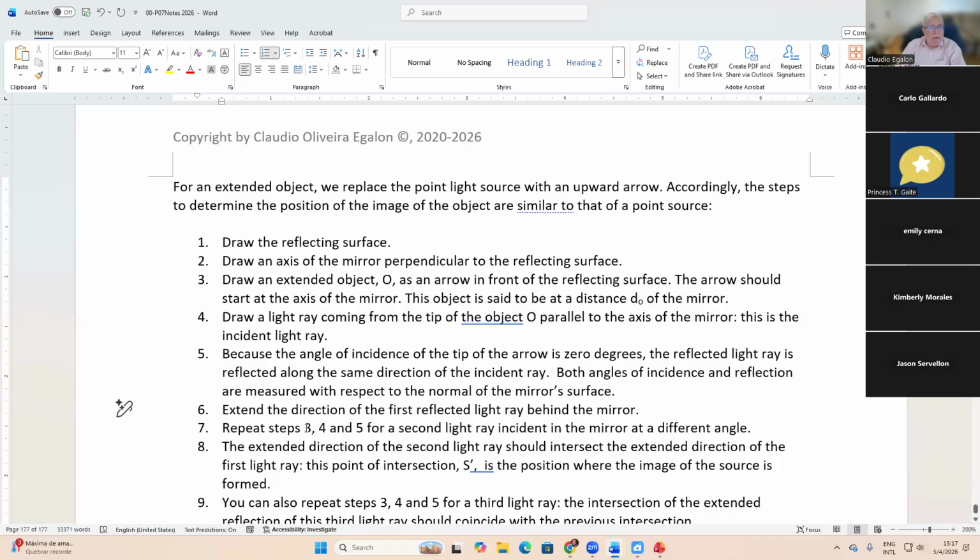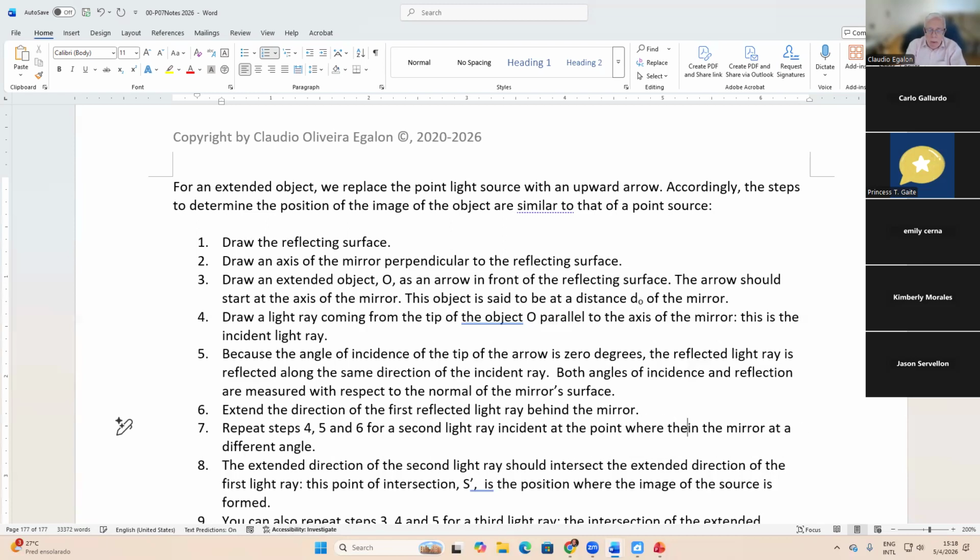Repeat steps 4, 5, and 6 for a second light ray, incident at the point where the axis of the mirror intersects with the mirror.